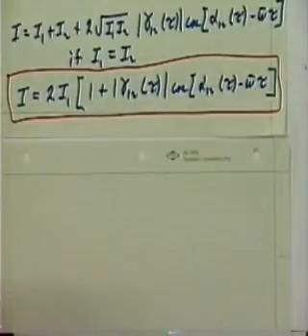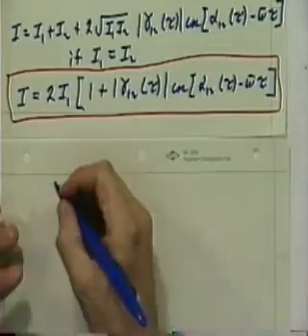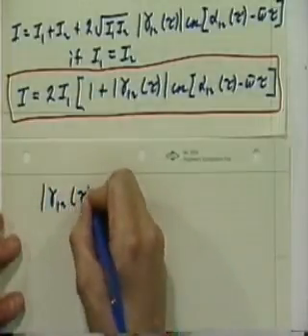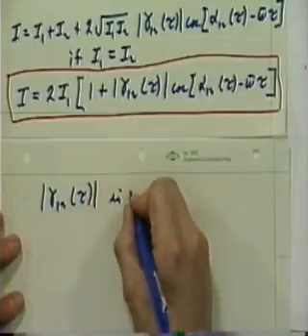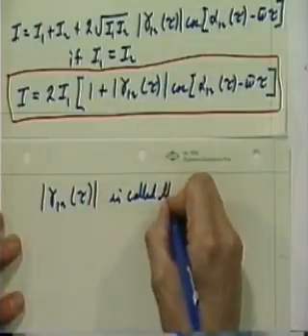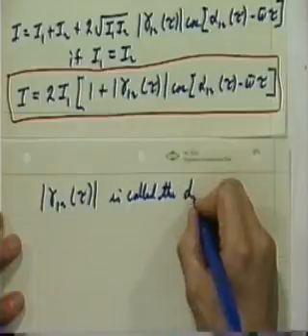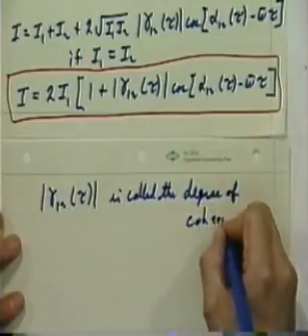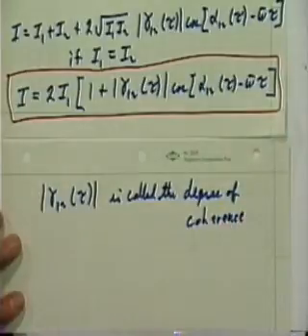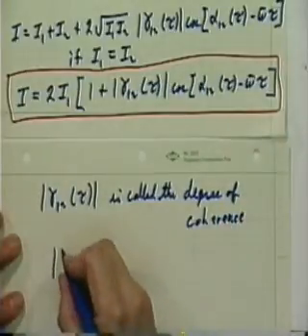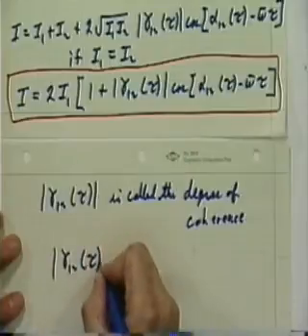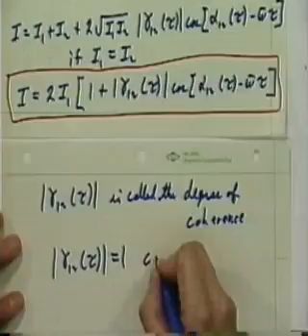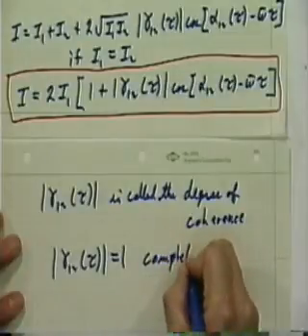And so we could write here that the magnitude gamma 1/2 of tau is called the degree of coherence. And if gamma 1/2 of tau equals 1, let's say we have complete coherence.